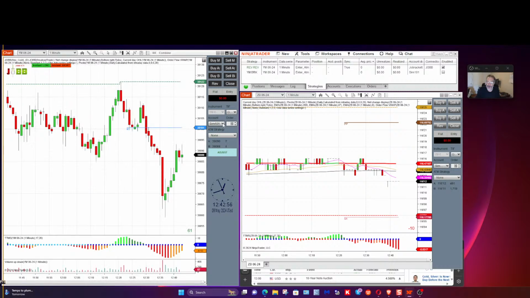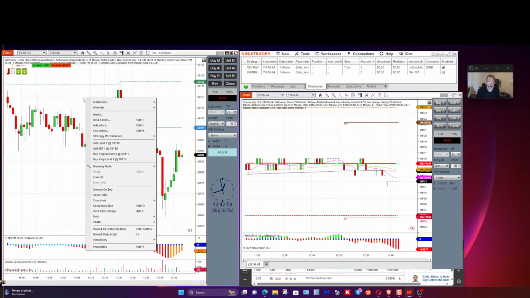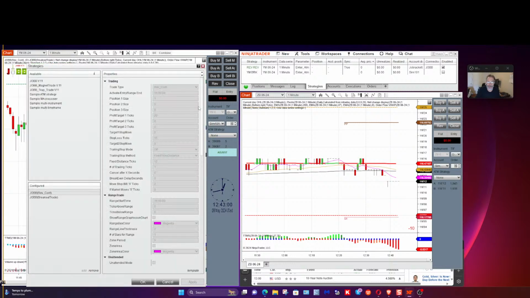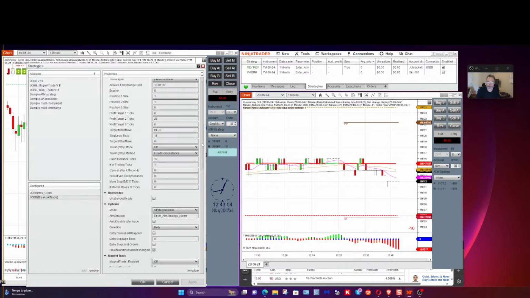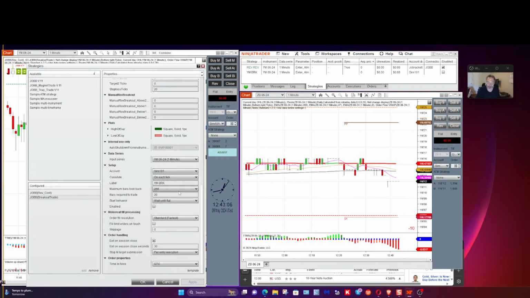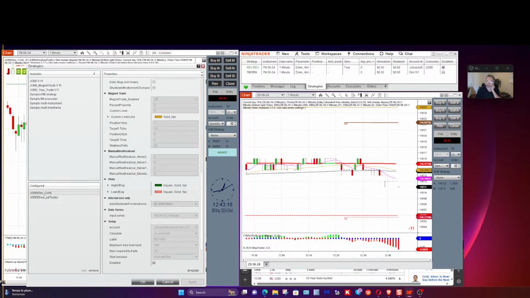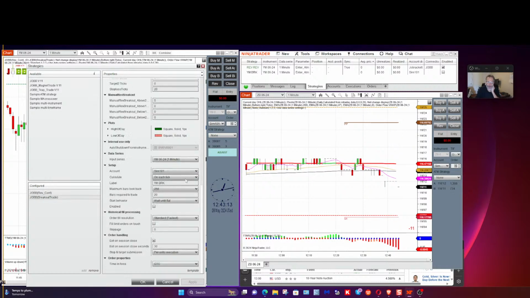All right, our charts. Don't forget to make sure that you label your trade. Both trades have different names. And also make sure that you have the correct account chosen for whichever setup you're trading.